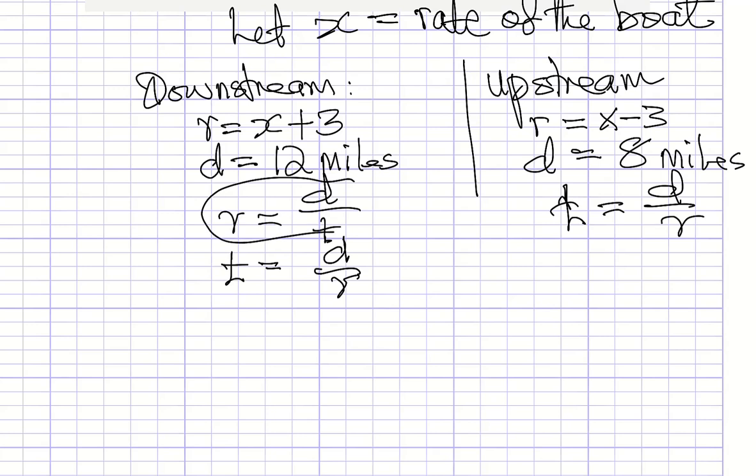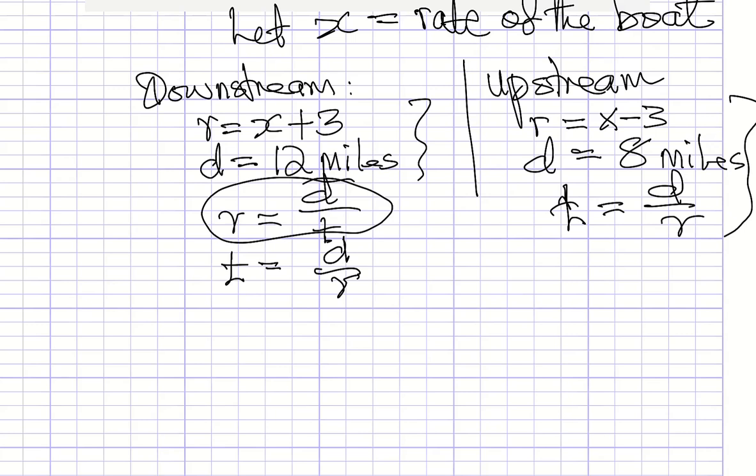You're just using that, okay, and then we'll have this data here. We'll plug it in there. We'll have x, I'm sorry, we'll have rate, and then we'll have distance.